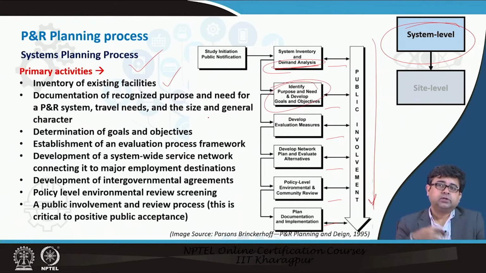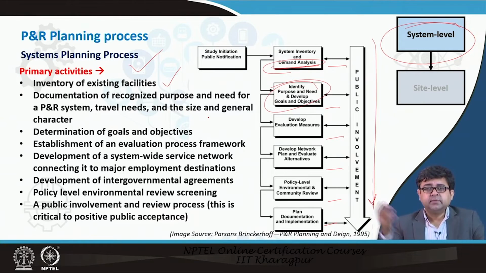So, if you work with a goal in mind that today the public transportation ridership in my city is 10%, meaning 10% of the city's people use public transportation, which is very low, and we want to increase that, then we put in our park and ride lots. Now, the goal of this park and ride system would be to increase the ridership by 2% maybe. If you have that goal in mind, then you can work towards achieving it.